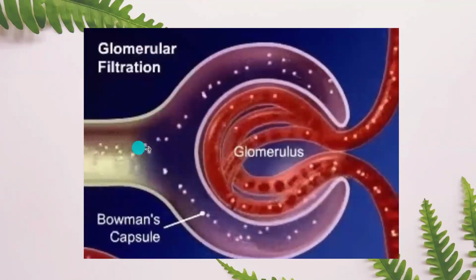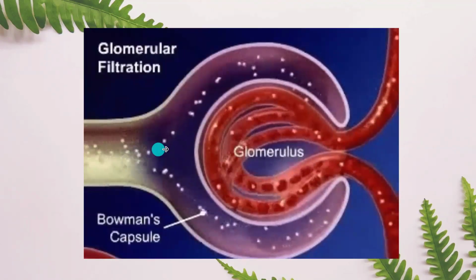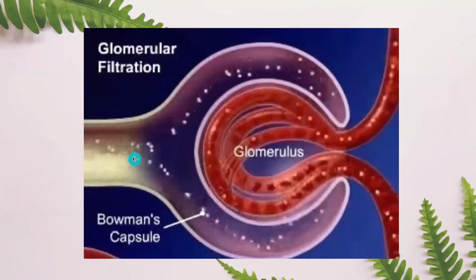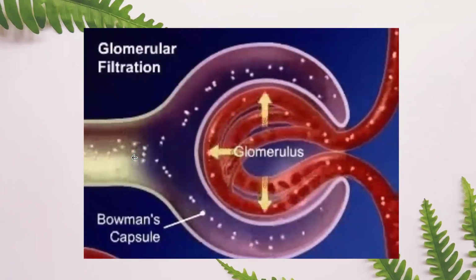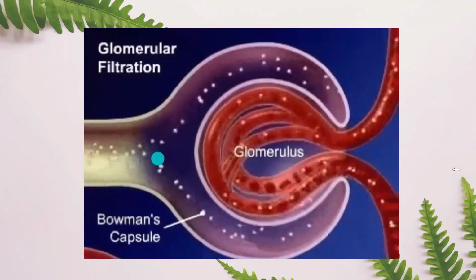And what is this portion? This is the filtrate portion, which will reach the down portion, that is, from the Bowman's capsule to the proximal convoluted tubule.